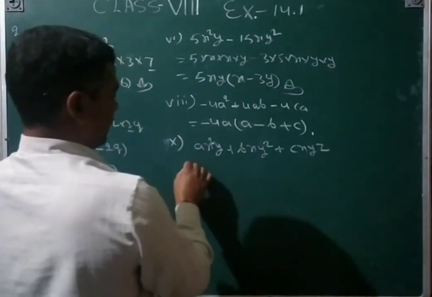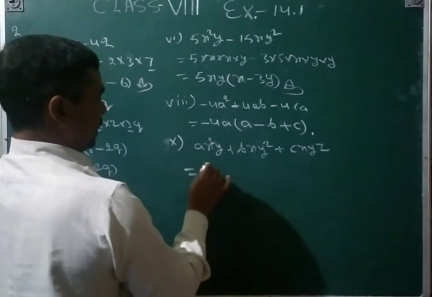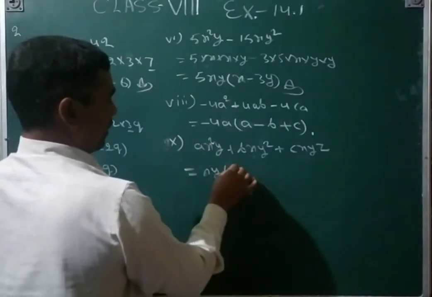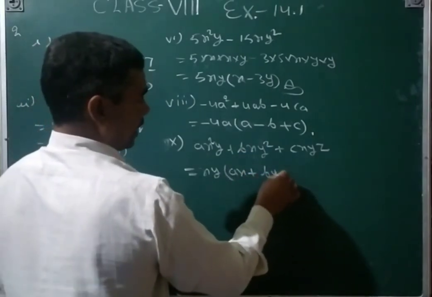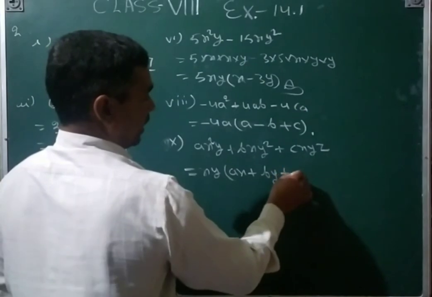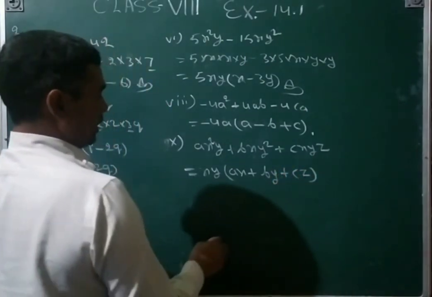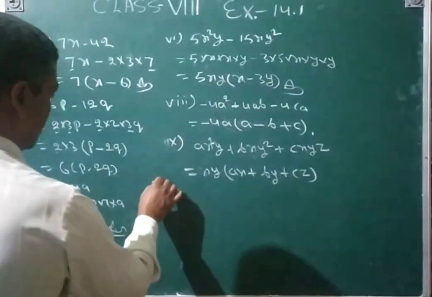So we are looking here, xy is on both sides, everywhere is xy. So we will take xy common. So here will be left ax, here will be left by because y square is here, and here will be left cz. That is the answer.